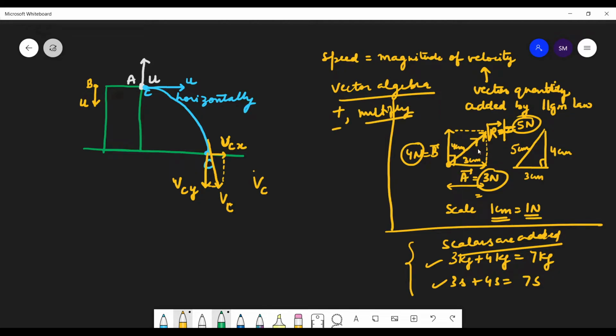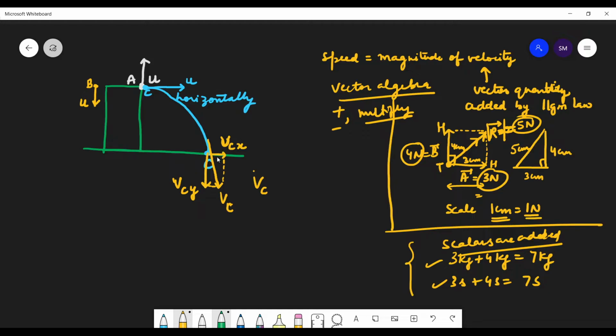So very simple thing, how to add the vectors: just join the vectors by tail. This is the head of the vector, this is the tail of the vector. So join them by tail, make a parallelogram, and the diagonal of the parallelogram will give you the resultant. Then find the length of the resultant. According to the scale, it will be your magnitude. So same is the case here.